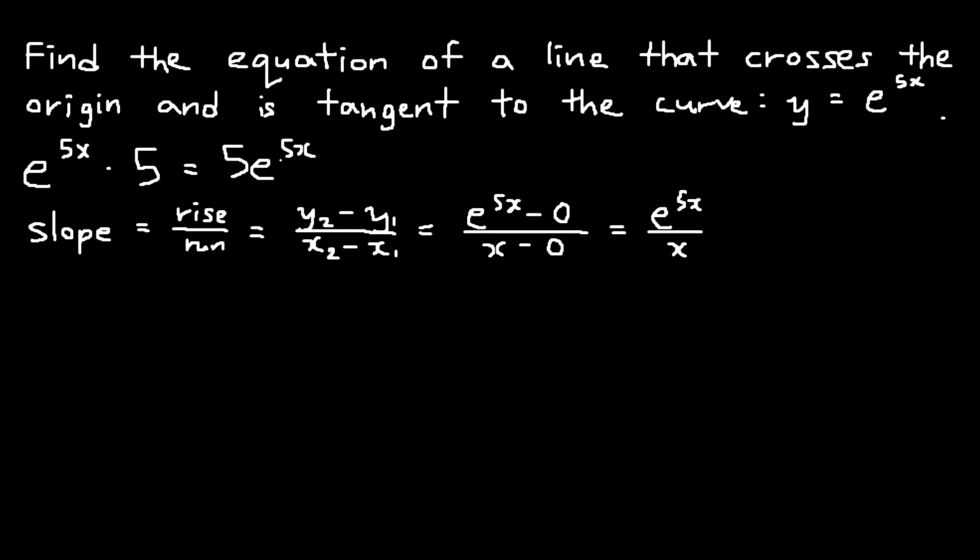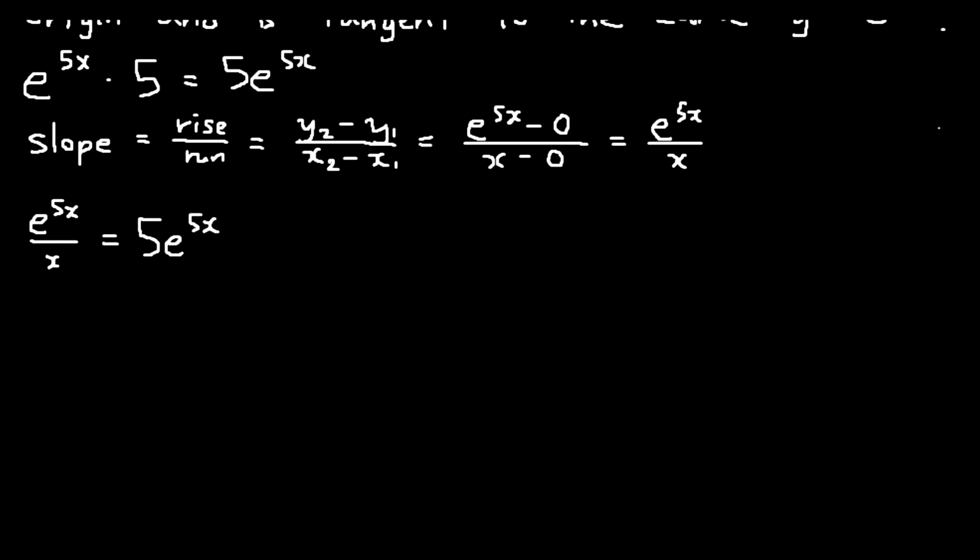We found the derivative earlier, and we know that that's 5e to the 5x. Now we know that derivative is also slope. So we need to set this equal to this. So that's going to look like e to the 5x over x equals 5e to the 5x. Now from here, we'll do some simple algebra to isolate and solve for x.